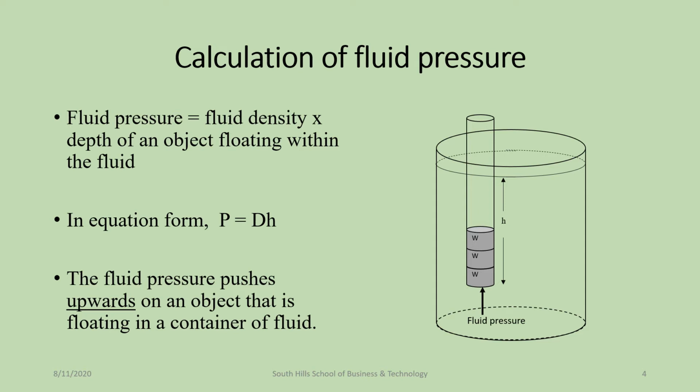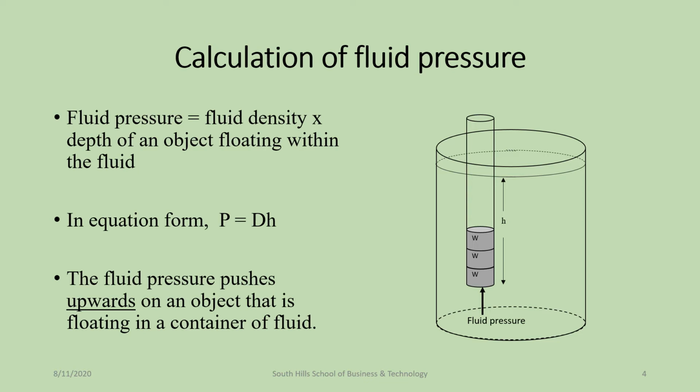Now, calculation of fluid pressure. As we saw in an earlier slide, fluid pressure is fluid density times the depth within the fluid. It could be the depth at the bottom of a floating object or just any depth within the fluid. That equation is P equals D times H, where H is depth. H is used, I assume, so you don't have two different D's in the equation and get confused.